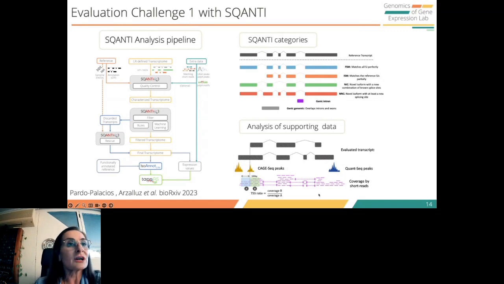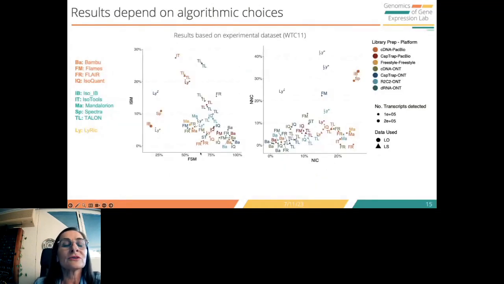Okay, so I'm going to show you a couple of plots that are a little bit complex, but I hope that I can walk you through the interpretation of these. Here we are showing the percentage of full splice matches, which are the known, the good, let's say, transcripts, versus the percentage of incompletes, which are these kind of fragments but otherwise okay.